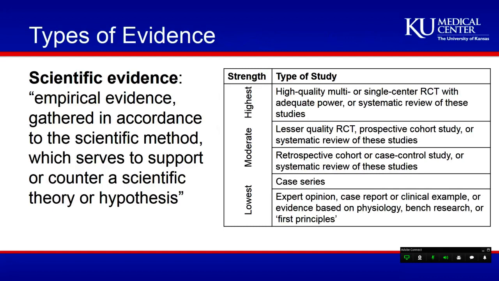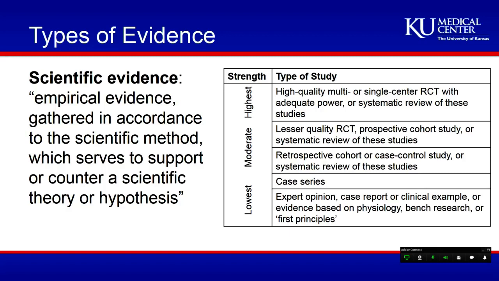So when I talk about types of evidence, scientific evidence actually has different levels of strength. Not all data is created equal. I think that's pretty obvious, but what we want to try to do today is tie the quality of data back to the context, the type of study that generated it.